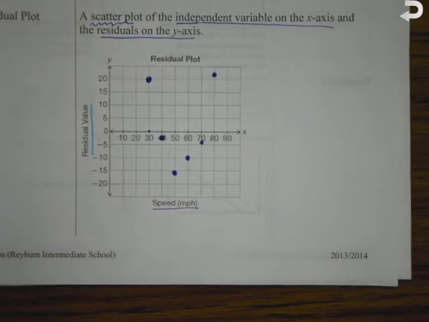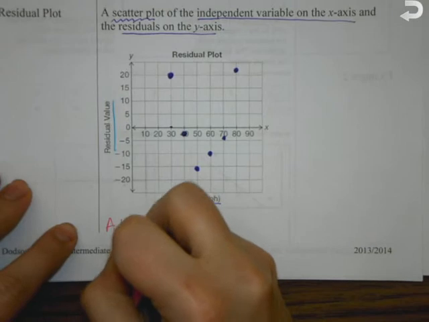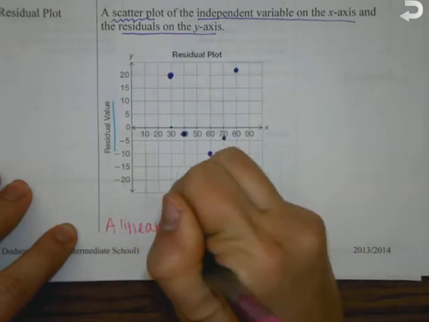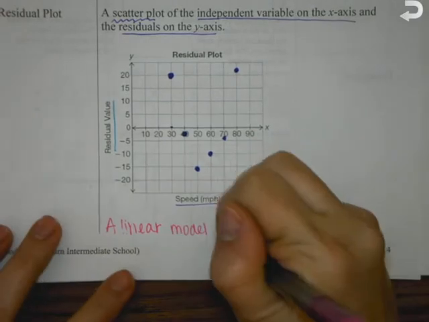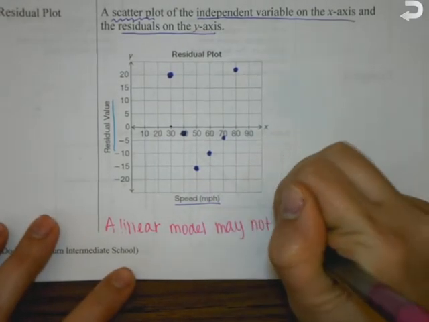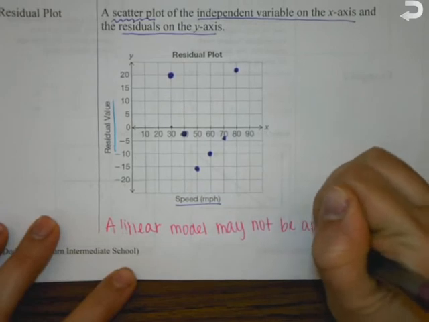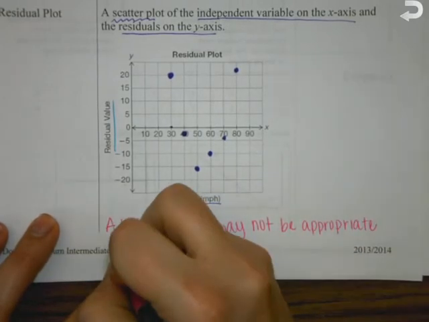Or a linear model may not be appropriate. So let's write that. So a linear model, meaning a linear line of best fit, for this data set.